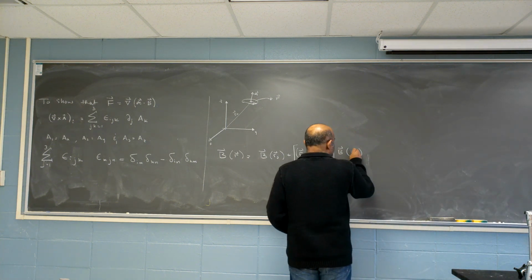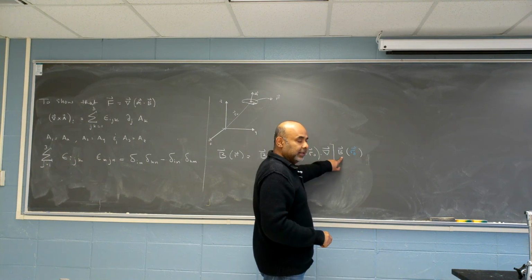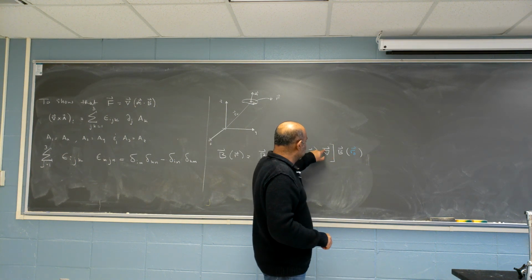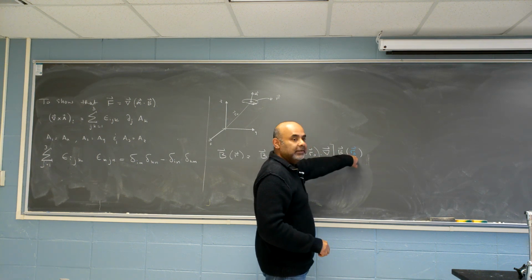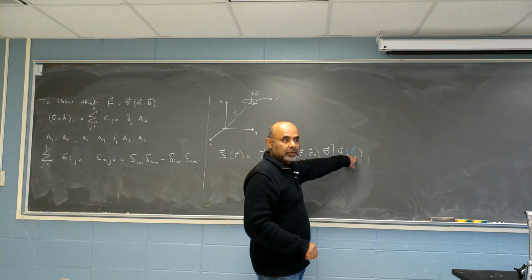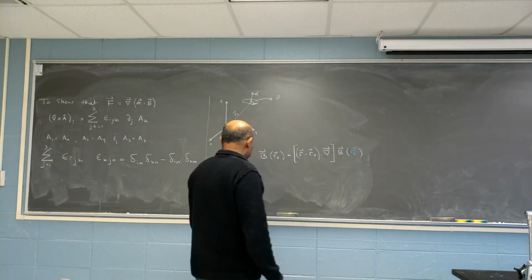When I put in R0, I take this derivative operator acting on B, and after I take the derivative, then I evaluate it at that point. Of course, if you evaluate it at a point and then take a derivative, you're going to get 0. So that is my notation.